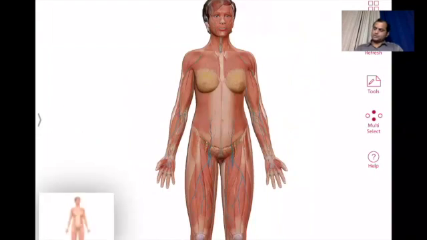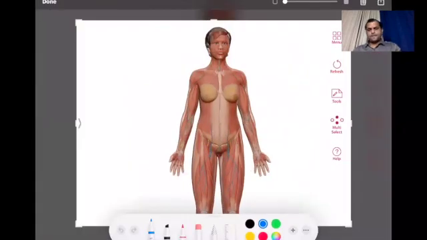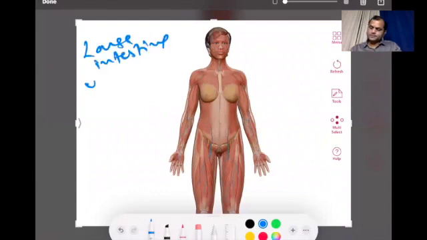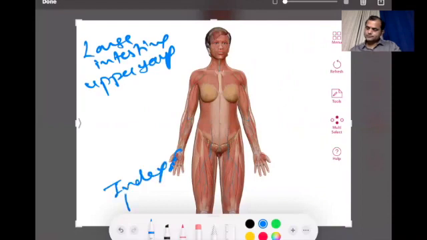So if I ask you, tell me, what is the root of large intestine or upper Yang Ming? Then your answer will be: starting from the index finger, then going in the upper side of the body, ending on the face.